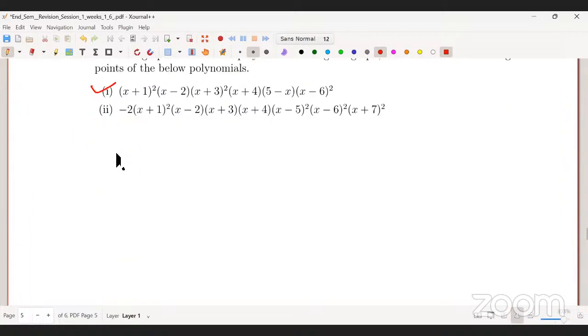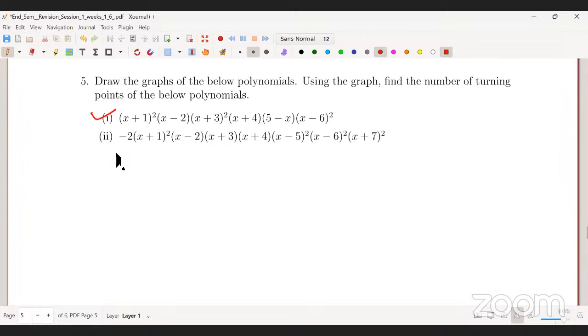First, we need to find the degree of the polynomial. Okay, correct. Let me denote this polynomial as p of x. The degree of p of x is 9.